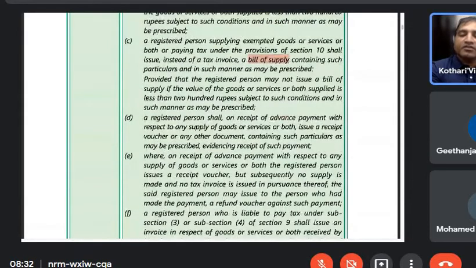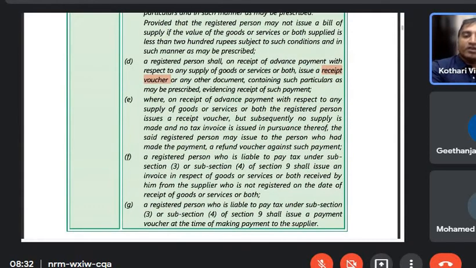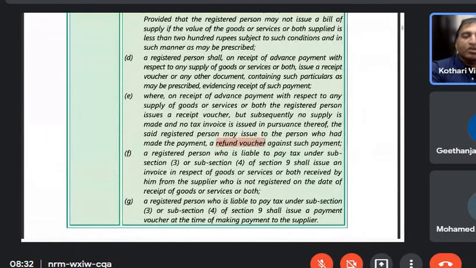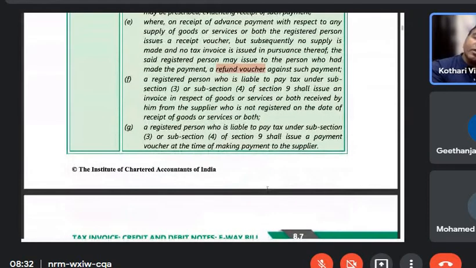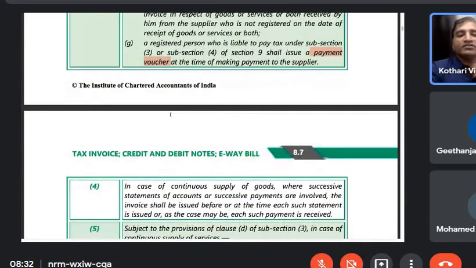And in case a person is receiving a taxable advance, that is an advance on which tax is payable, then he has to issue a receipt voucher for that advance received. And if the work is not done, then a refund voucher has to be issued. If inward supply of RCM goods and services is made under section 9(3) or 9(4), then a self RCM invoice needs to be generated. And for that RCM, if you are making a payment, then a payment voucher has to be generated. These are all the vouchers which we have seen.